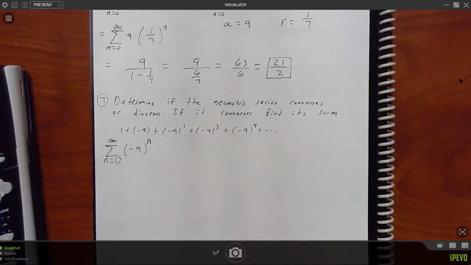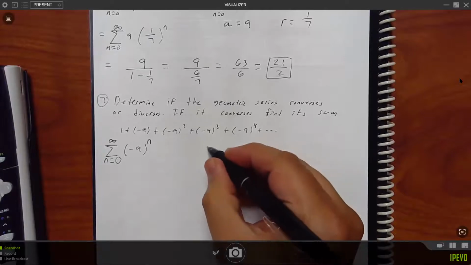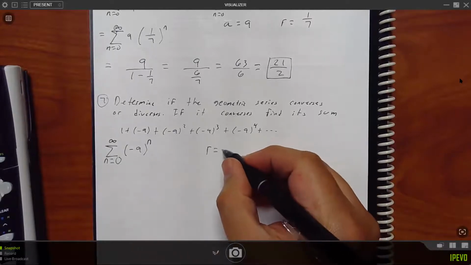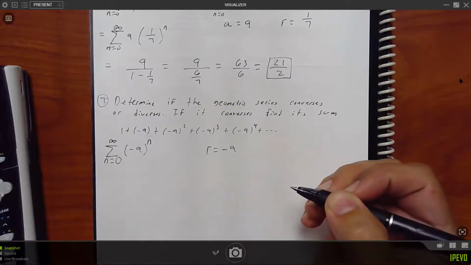Once we have it, we can kind of see what's going on now, right? So they told us it's geometric, so that was nice of them. What is R? In other words, what is the factor they all have in common? -9 technically, right?